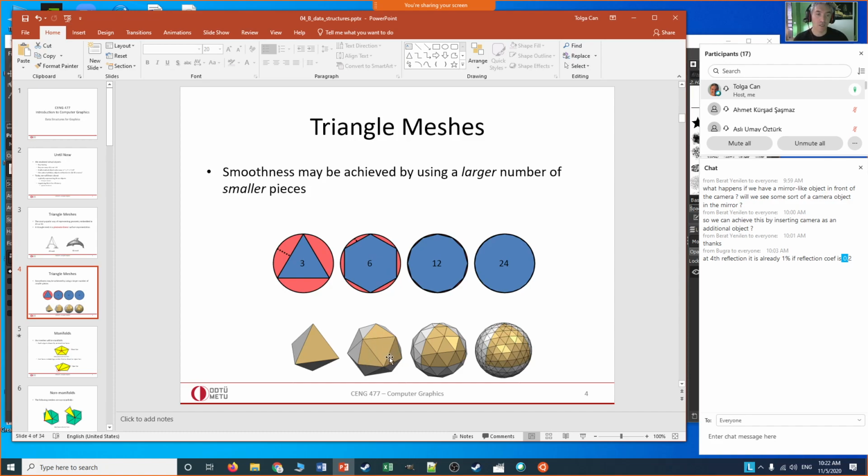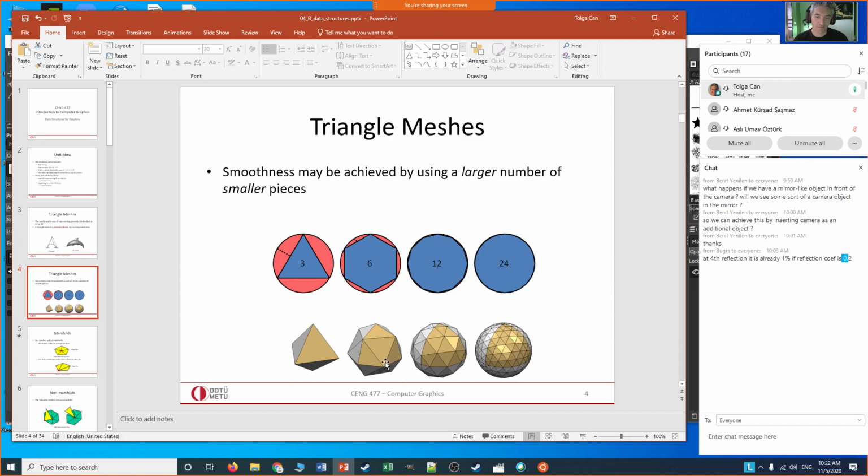So a polygonal approximation of a smooth surface is also a piecewise linear approximation, because polygons are linear objects. They're the extension of lines onto 3D.